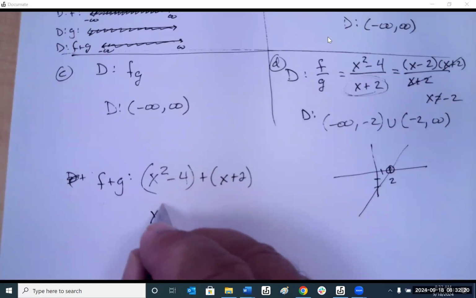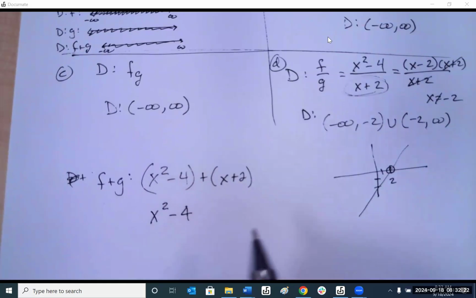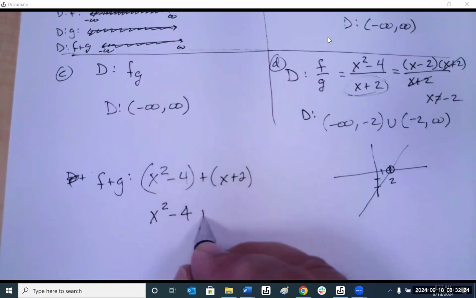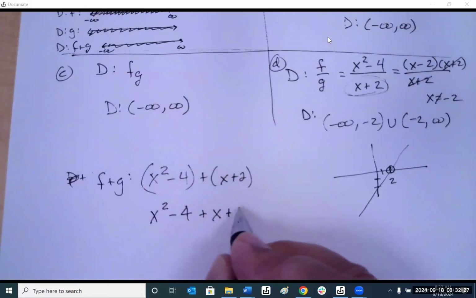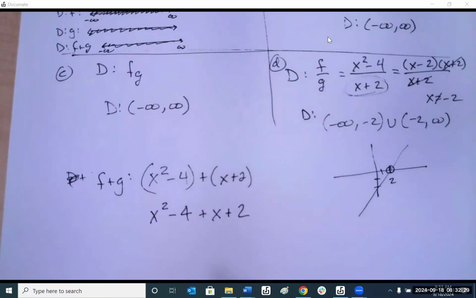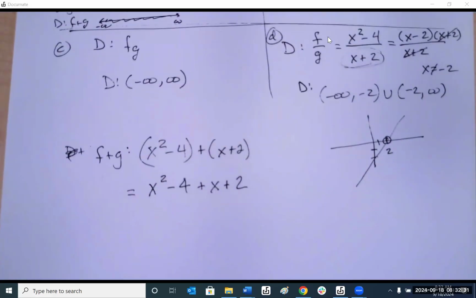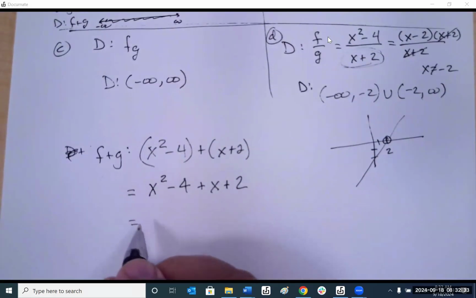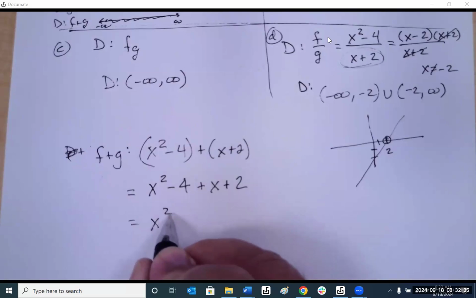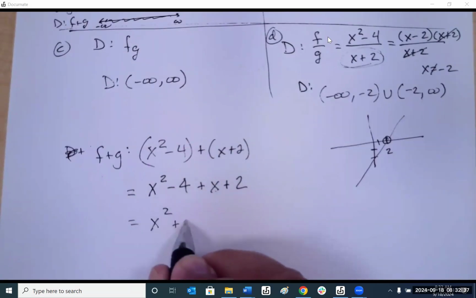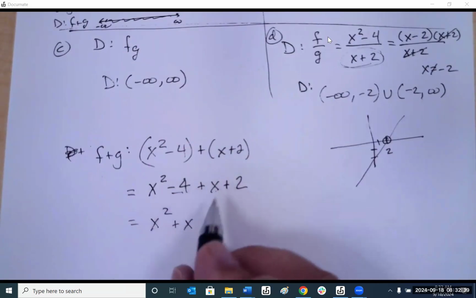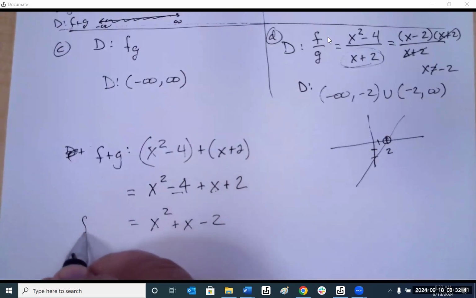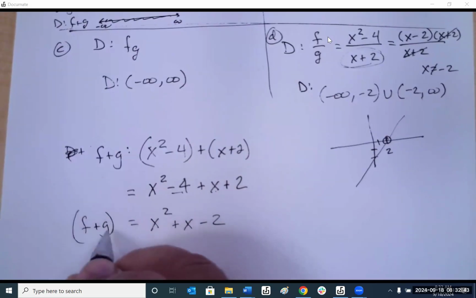I don't need the leading parenthesis, and since there's nothing in front of the second, I can drop both of those. Combine like terms. The biggest one is x squared, then x, and -4 plus 2 is -2. So that's what f plus g would look like.